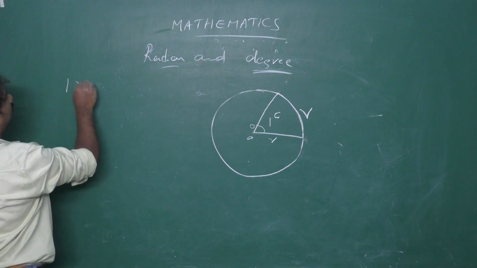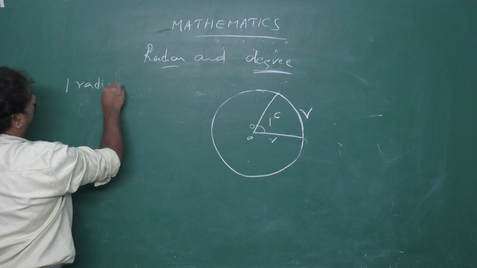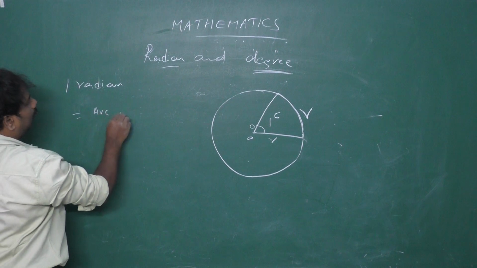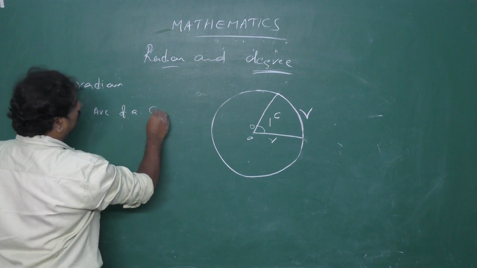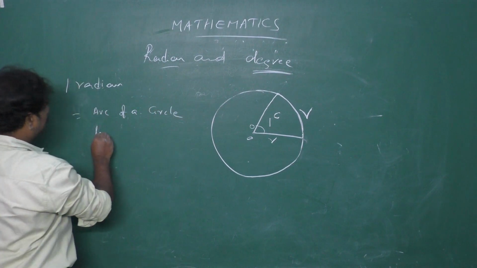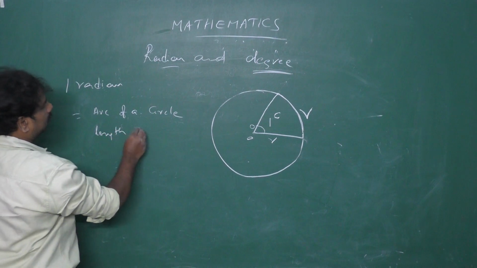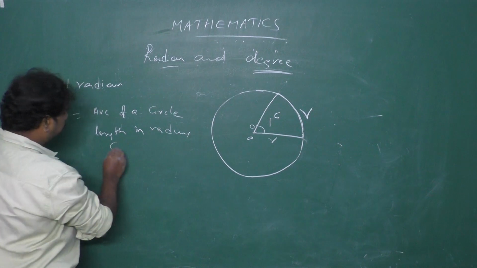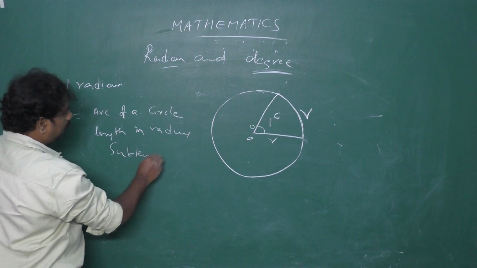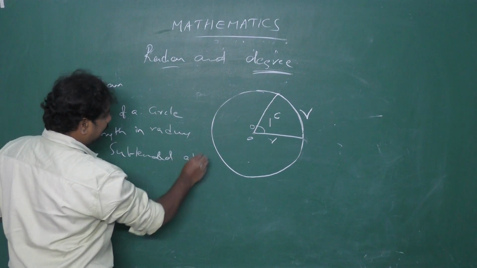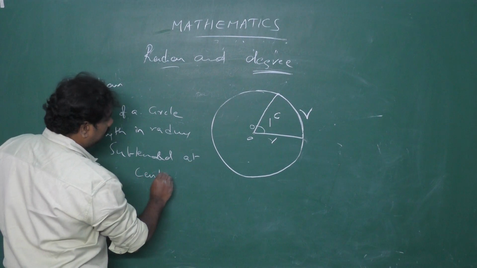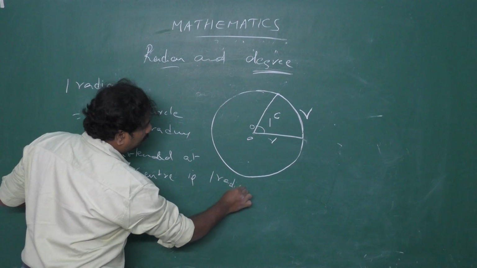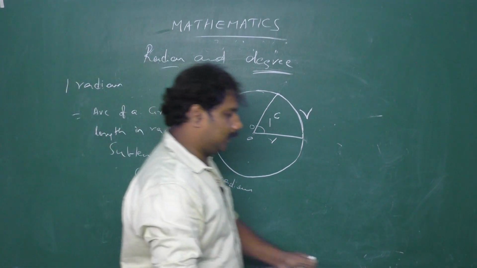So 1 radian means an arc of a circle of length equal to the radius subtended at the center is 1 radian. They define it like that.